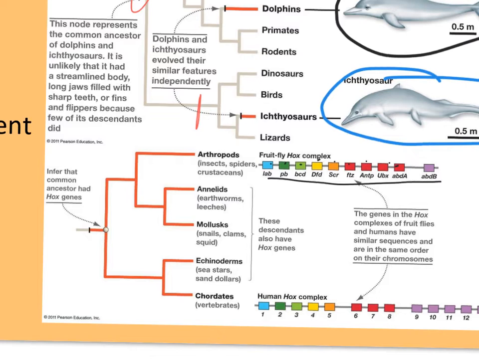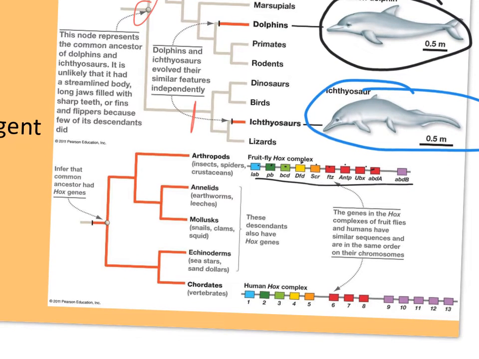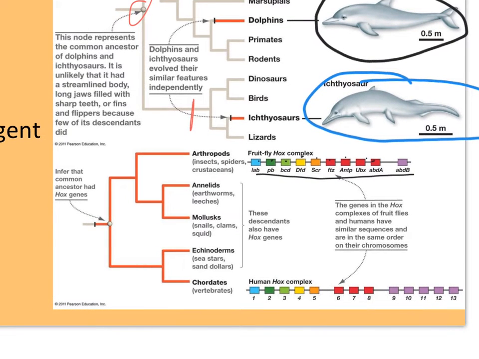Okay? But the human Hox gene has an additional 1, 2, 3, 4 new Hox genes. Okay?